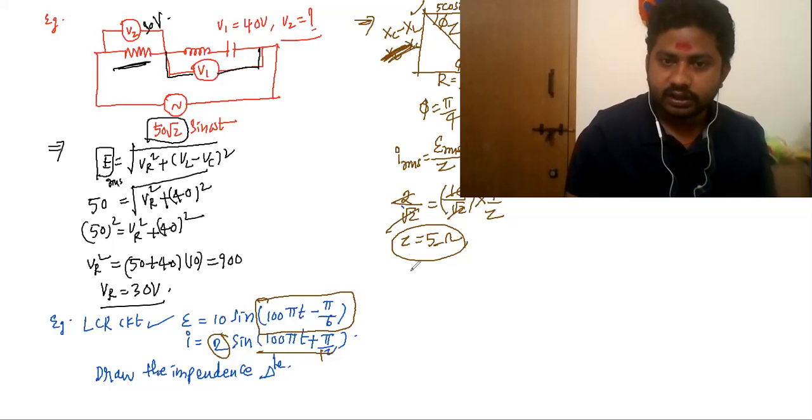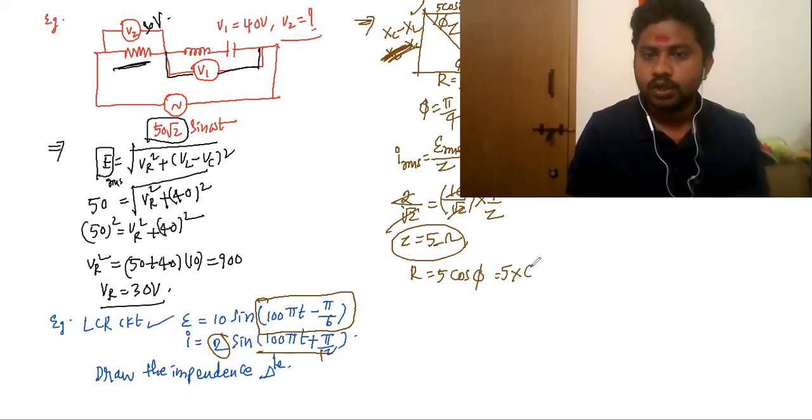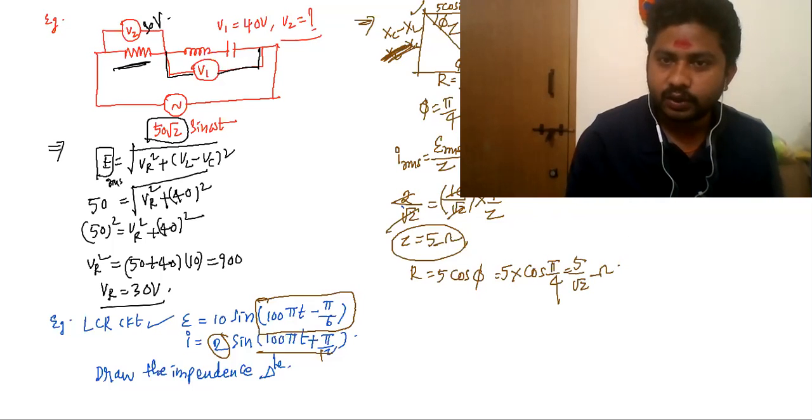So R is equal to 5 cos phi, so 5 into cos pi by 4, which is cos 45, which is 1 by root 2. So R is 5 by root 2 ohm.